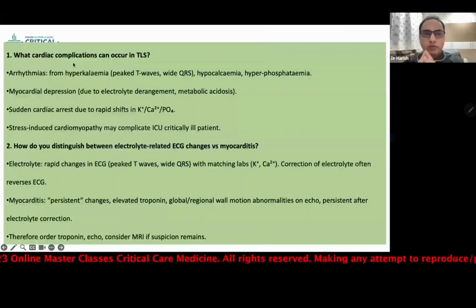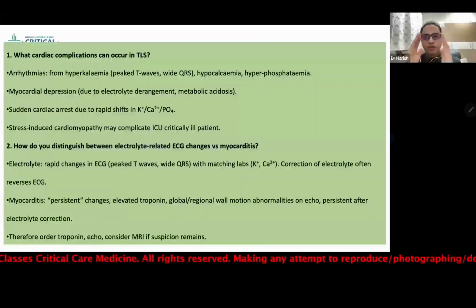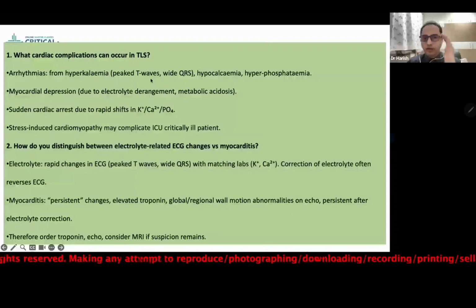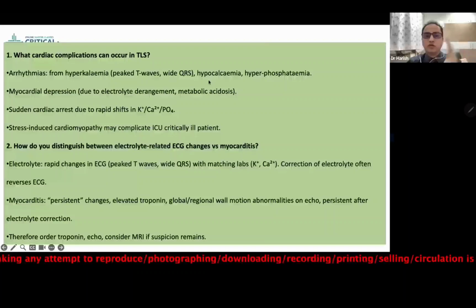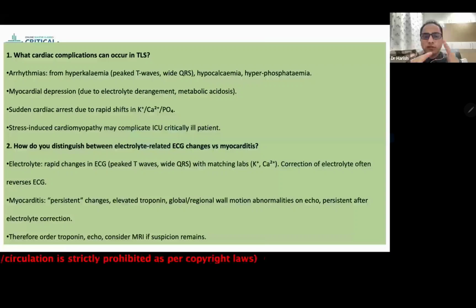So the question here is, what are the cardiac complications we can look for in tumor lysis syndrome? Arrhythmias because of hyperkalemia, like peaked T waves, wide QRS, hypocalcemia, hyperphosphatemia. Myocardial depression due to electrolyte derangement or acidosis. Sudden cardiac arrest because of rapid shift in calcium, potassium and phosphate. Stress-induced cardiomyopathy may complicate the ICU critically ill patient.